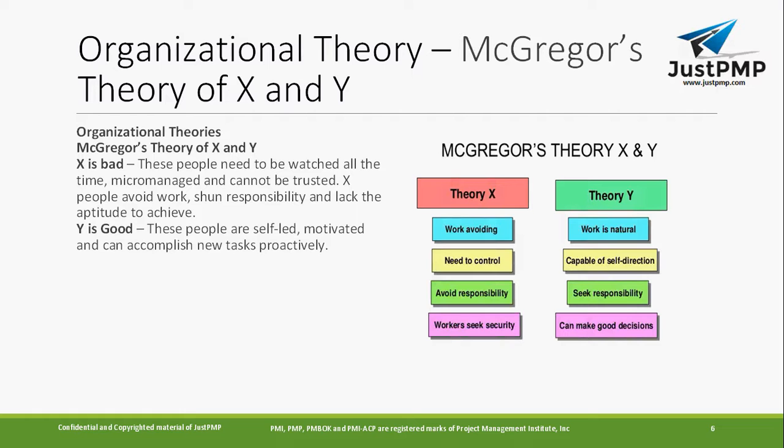It's very simple. What he's trying to mention within the same project or within an organization, the theory is like X is bad, Y is good. It means that a few of the people in your project are not good, they are bad. Those resources need to be watched all the time, micromanaged, and cannot be trusted.